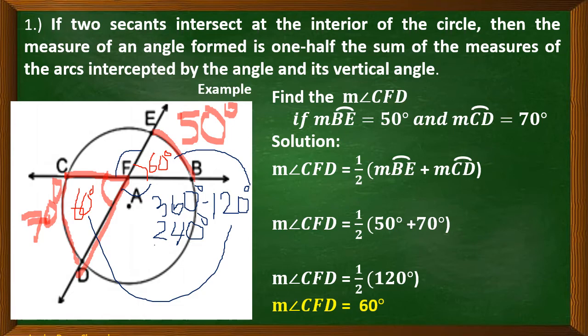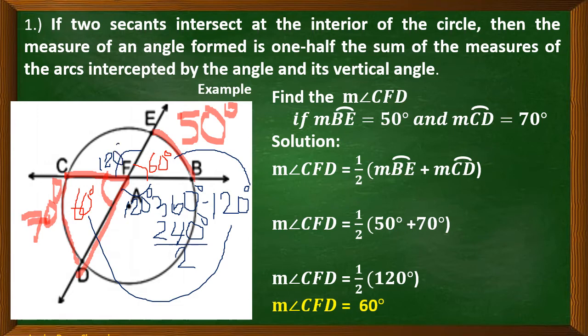Since they are congruent, we can divide this by 2. 240 divided by 2 is equal to 120 degrees. So therefore, this angle here is 120 degrees, and its vertical angle, angle CFE, is also 120 degrees.